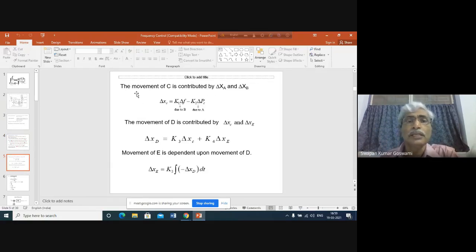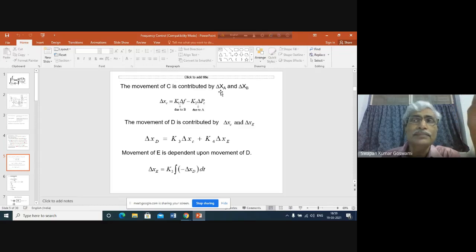Now we are developing the mathematical model. I shall follow this and explain it, again taking the reference of the figure of that load frequency control system. The movement of C is contributed by delta XA and delta XB.